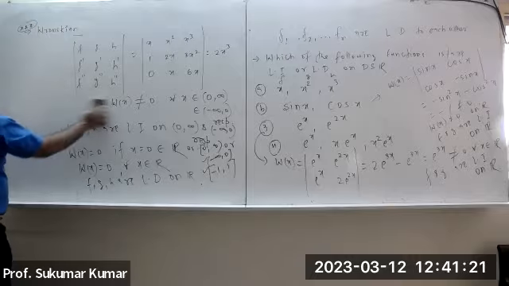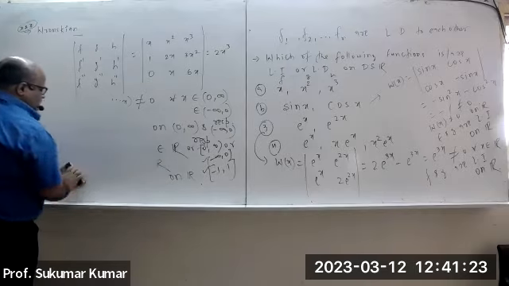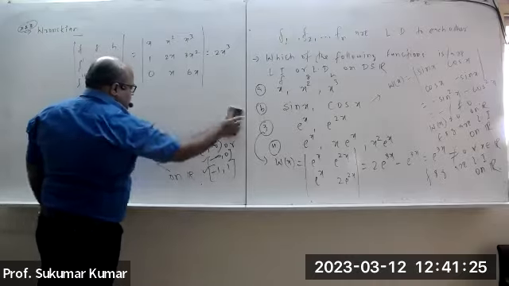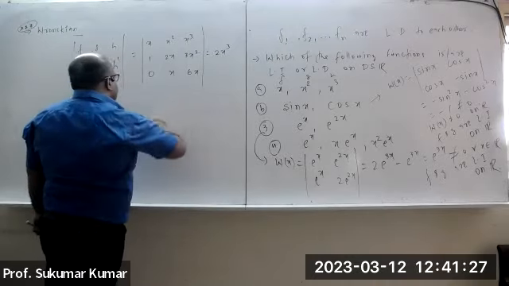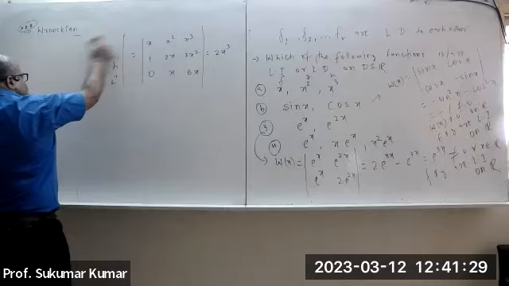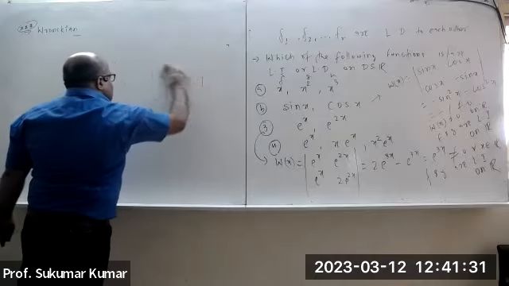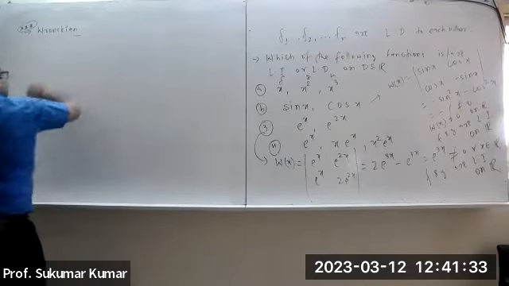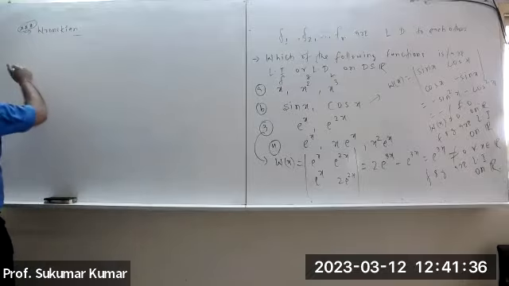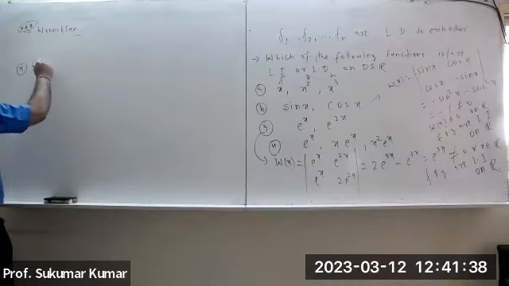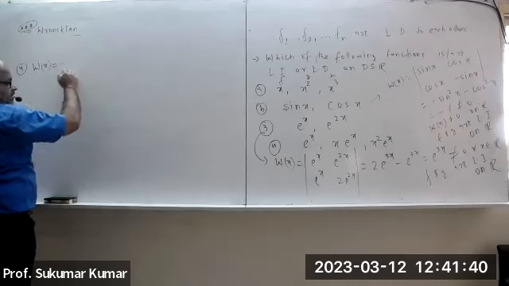Last, four numbers, W of X, 3 functions F. So a 3 cross 3 determinant will happen.